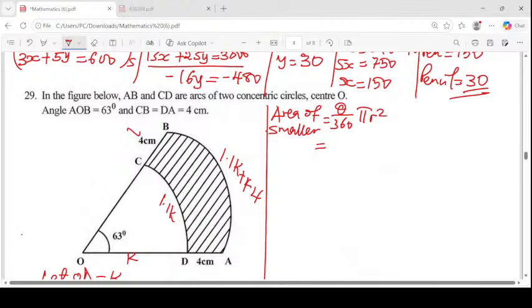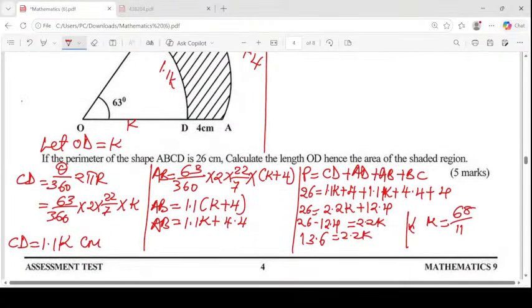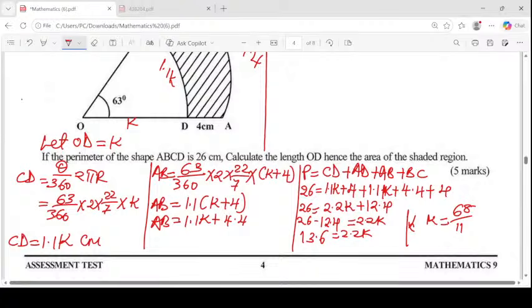So our theta here is 63. So this is 63 over 360, multiply this by 22 over 7 by the radius here. Remember K, we had it at 68 over 11.